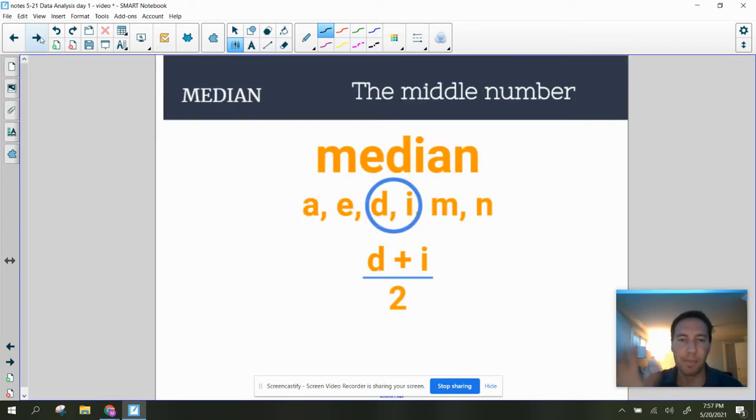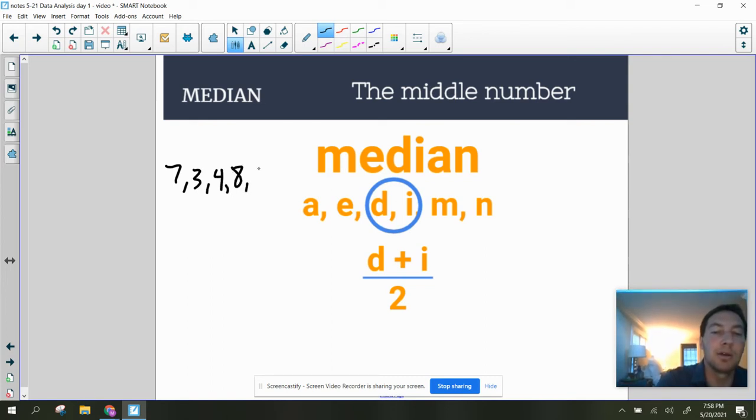Easy peasy. The median is if you take the numbers, put them in numerical order, the middle number is going to be the median. Let's say the numbers are 7, 3, 4, 8, 2, and 5. First step is you have to put them in order. So that's going to be 2, 3, 4, 5, 7, 8.